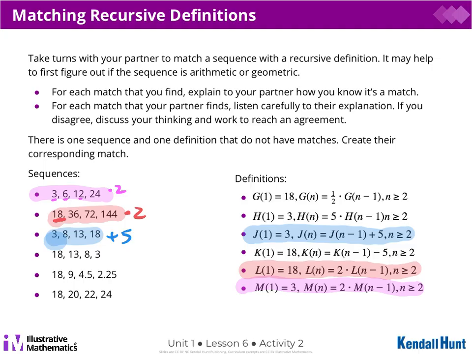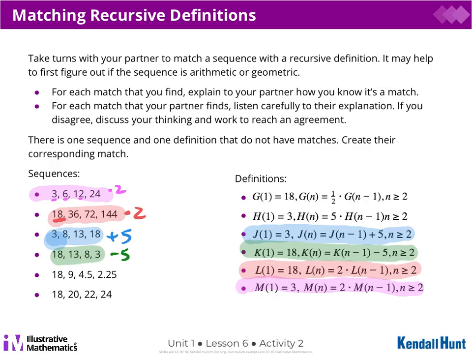The next one, 18, 13, 8, 3. That's -5. And this one goes with K.